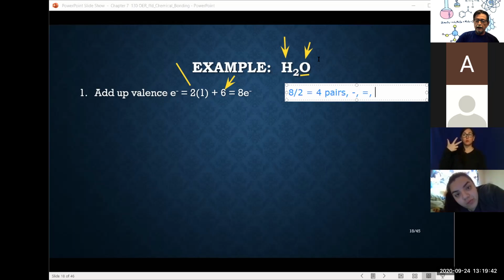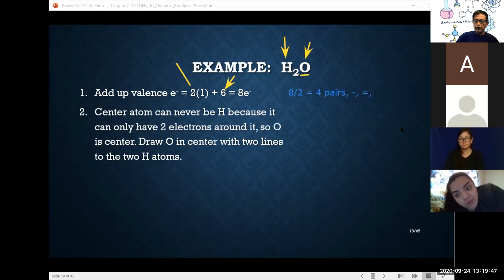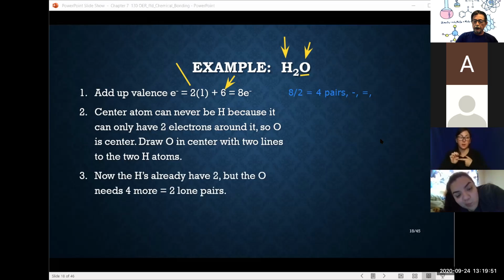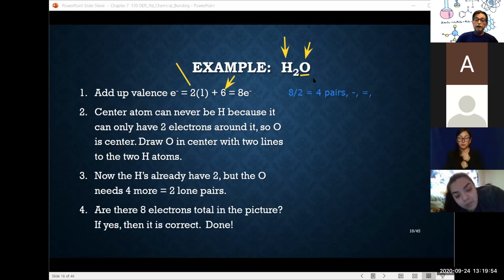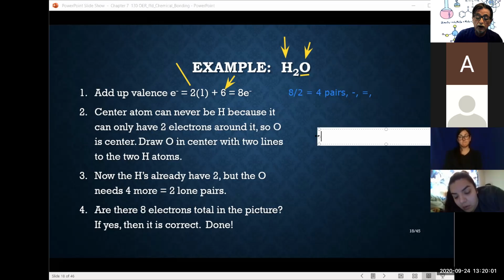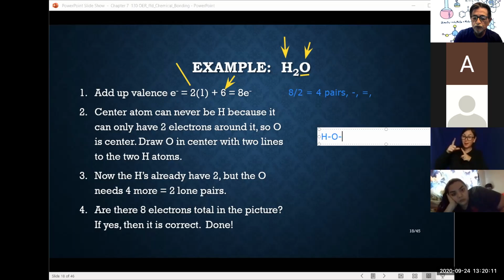All right, so now we have the number of valence electrons, and we can quickly put the oxygen down and draw the first structure. Let me do it this way. I can draw it, hydrogen bonded, oops, capital H. Do make sure you use the capital for the atom element. I can quickly draw that structure because I know that oxygen is the central atom.